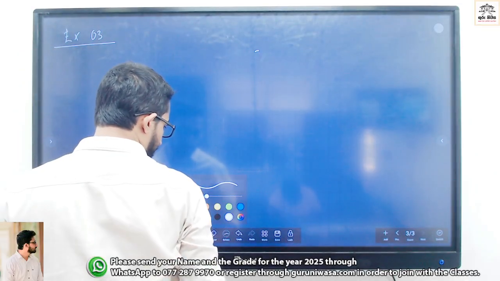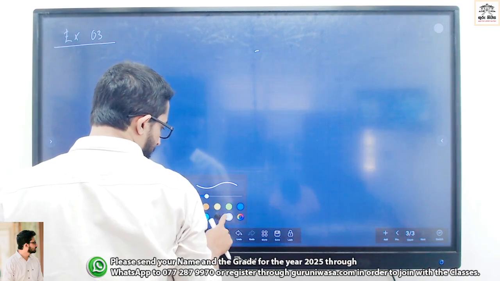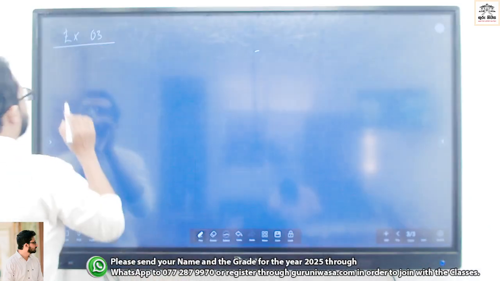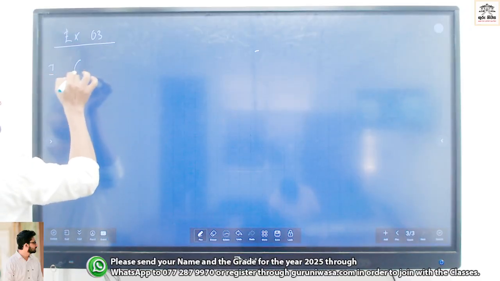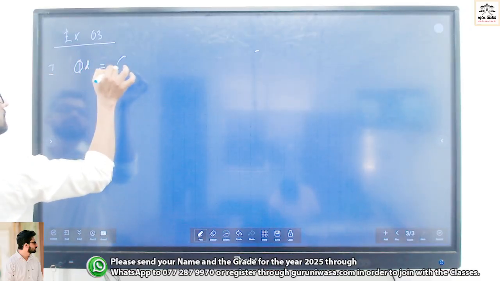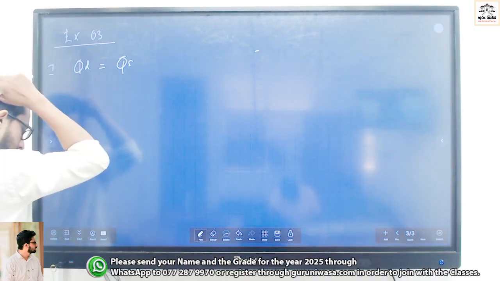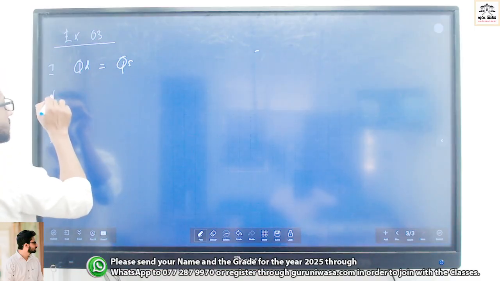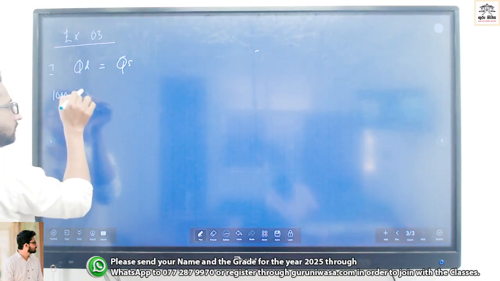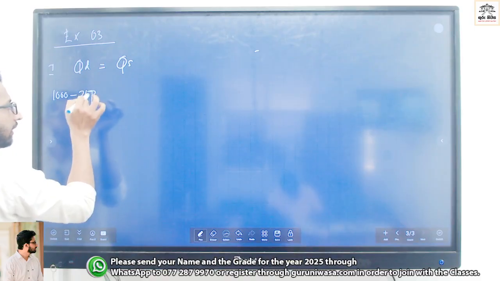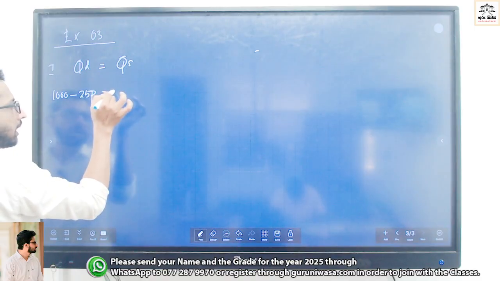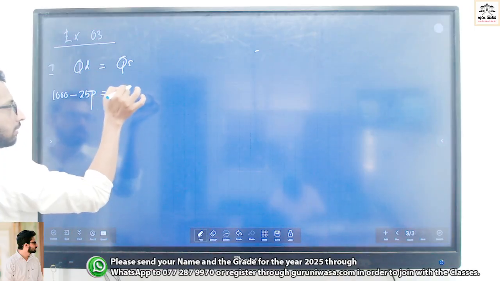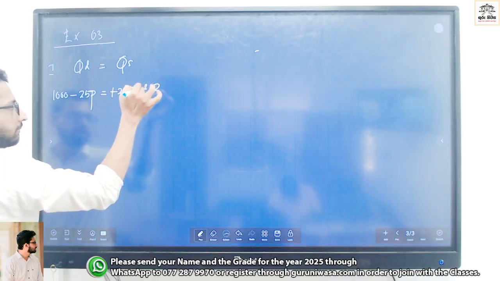Right. Okay, Lama, equilibrium price and quantity, calculate it. This is the first question. QD equals QS. 1000 minus 25p equals 200 plus 25p.